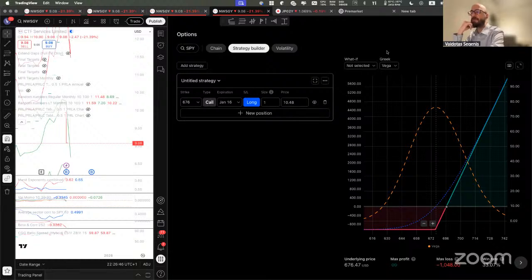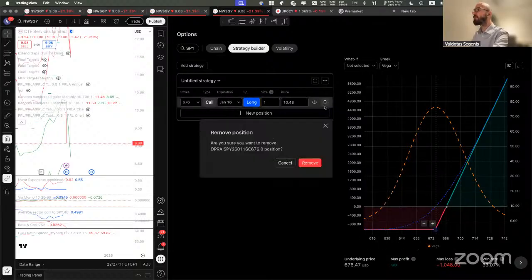The underlying needs to go up $10 for you just to end up break even at the expiration. So of course this is another problem that we will tackle and that we will talk about. But you need to start looking at these payoff diagrams and understanding what is going on.